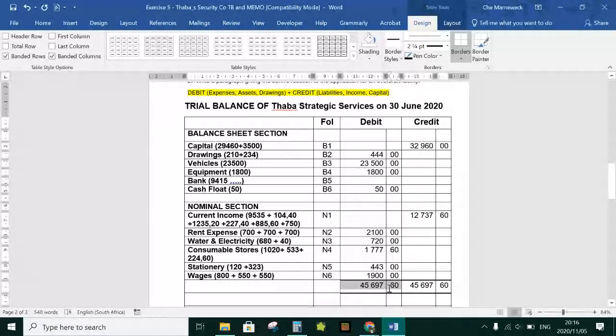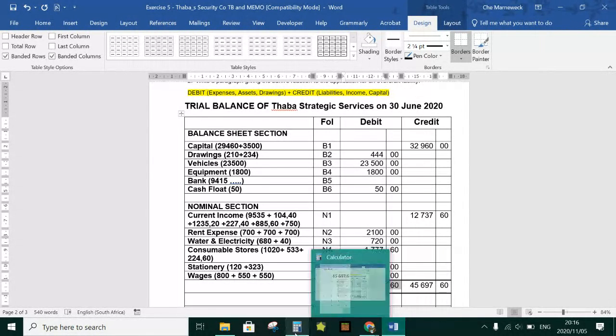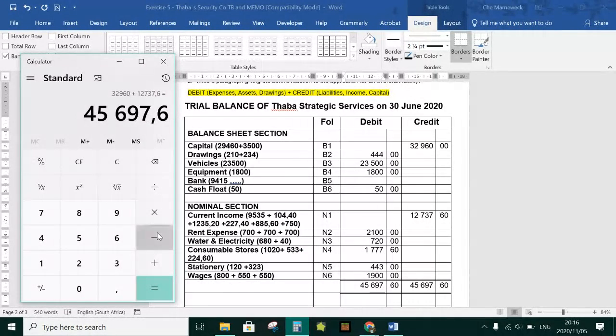So the total of the credit side must be the total of the debit side. So if I take my total and I subtract every value here, whatever's left over is bank. So that minus 1,900 minus 443 minus 1,777, 60 minus 720 minus 2100 minus 50 minus 1800 minus 23,500 minus 444 gives me 12,963.